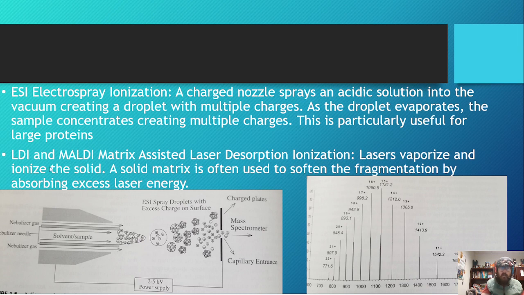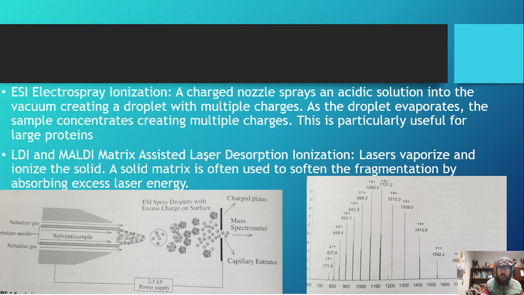And there's other ways to vaporize, like laser desorption ionization, where you shoot a laser and, as it gets hit by the laser, it explodes into vapor. It's one of those high energy ones. But there's also MALDI, which is matrix assisted.